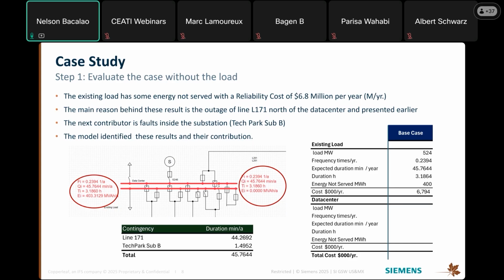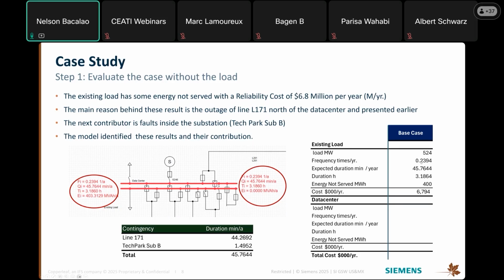So it runs all of the combinations, single failures and combinations of failures. And this is what we got: there is an expected frequency of interruptions of load of 0.24 times per year. Each one, when it happens, would have a duration of 3 hours.